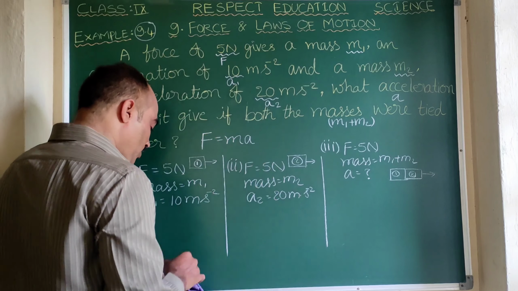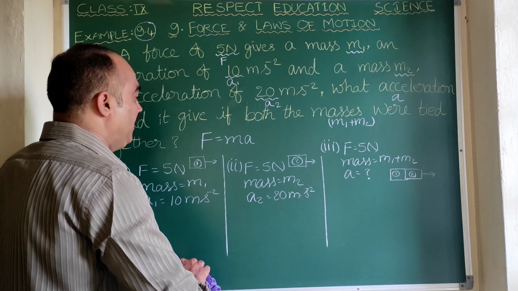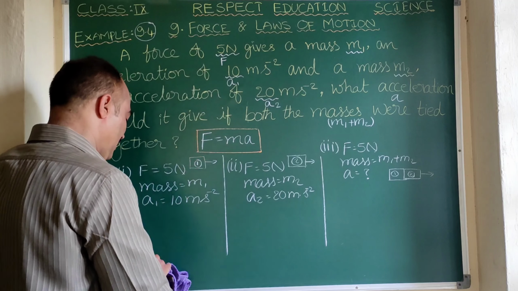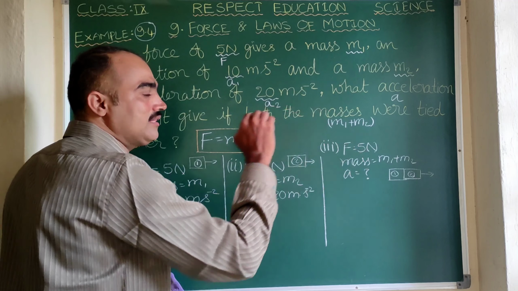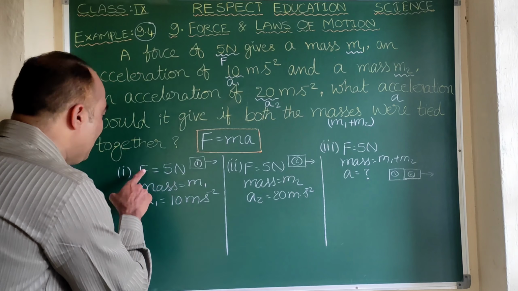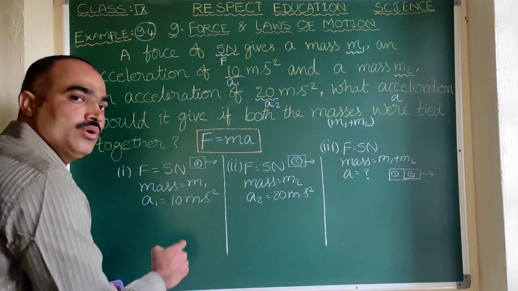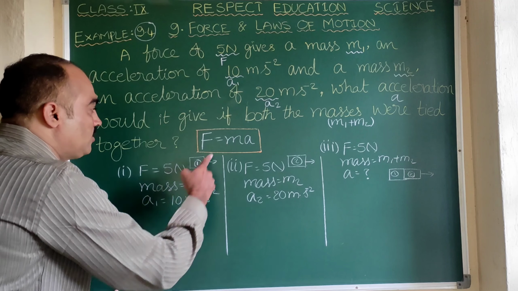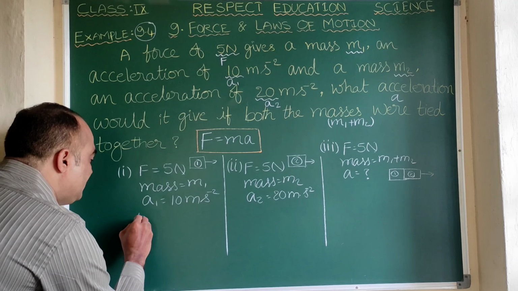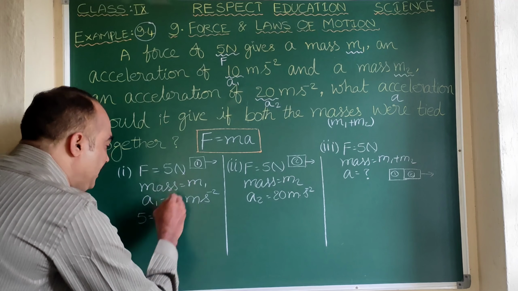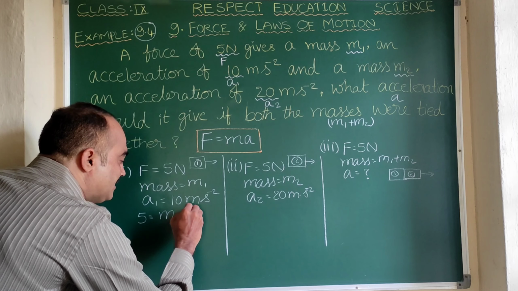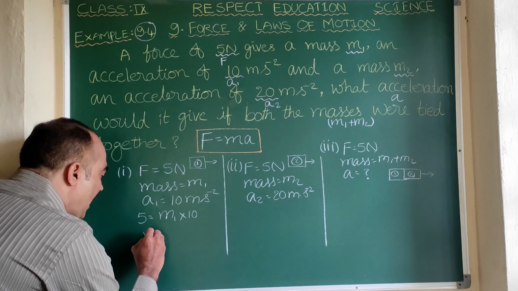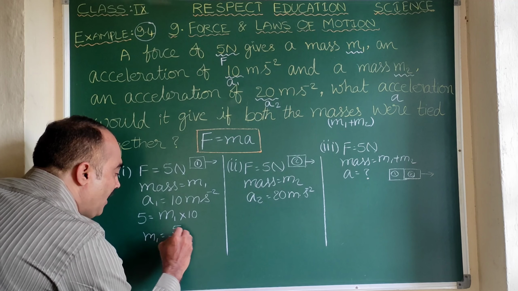As I have told you, this is the basic formula, F equal to ma. Let us apply the same formula in all the three cases. Here F is known, a is known. What is unknown? m is unknown. Here m is nothing but m1. So F is equal to m into a, means m1 into a is 10. I am sending this 10 to this side. So m1 is equal to 5 by 10.